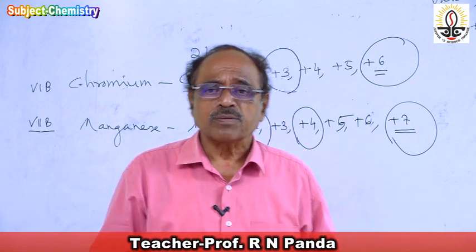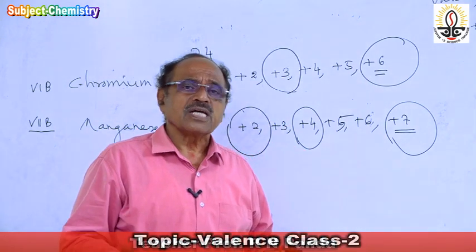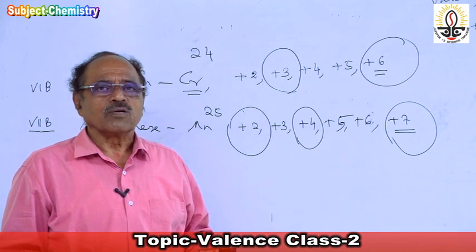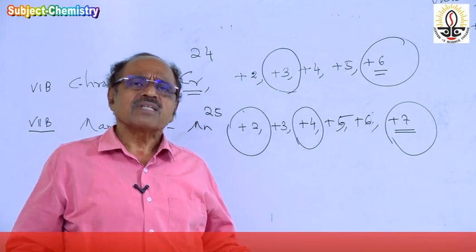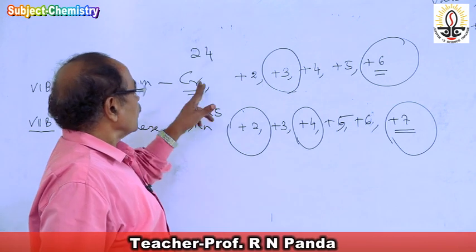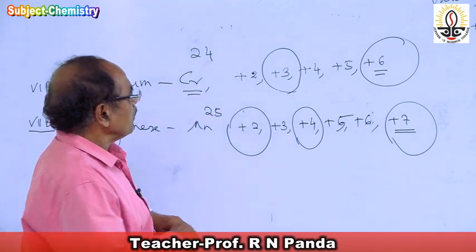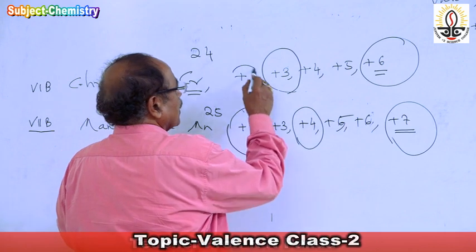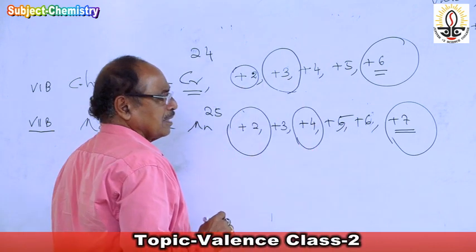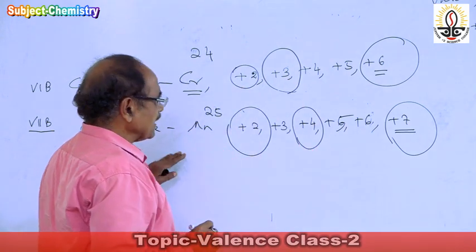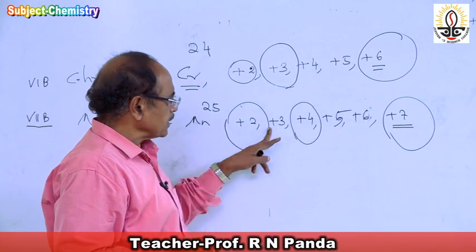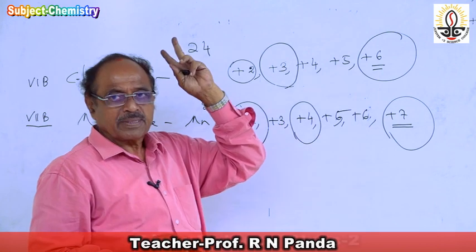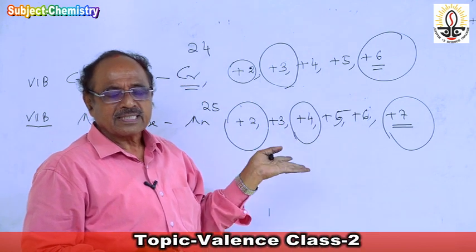So here also, normal means which is always used, the way he behaves normally. So chromium generally exhibits plus 2, plus 3 and plus 6. Manganese exhibits plus 2, plus 4, plus 6, and it can be plus 2 through plus 7.